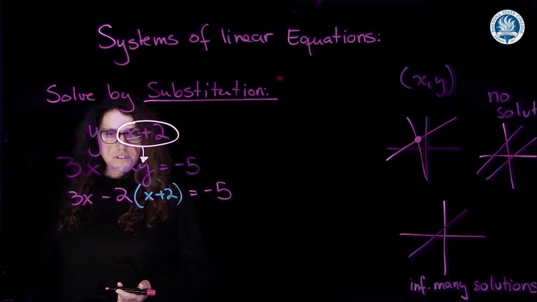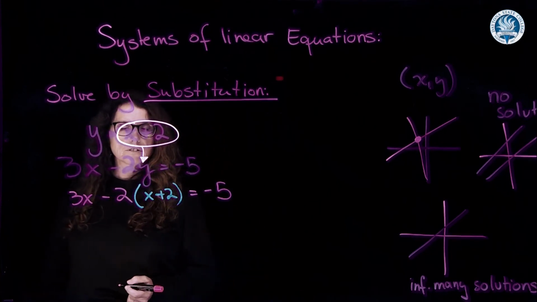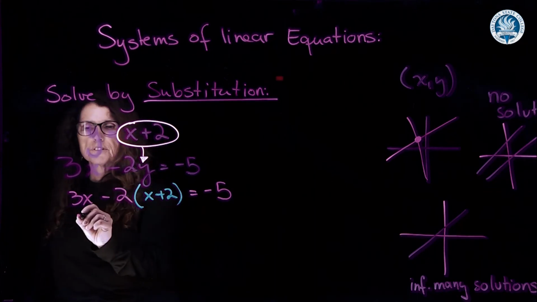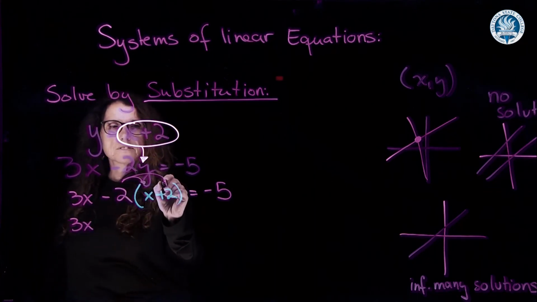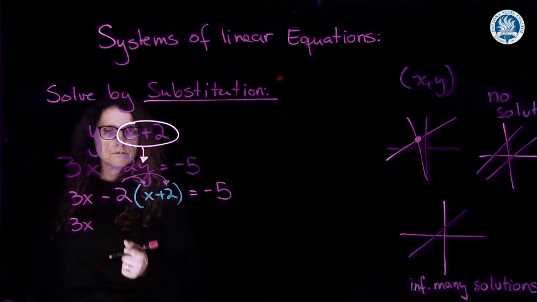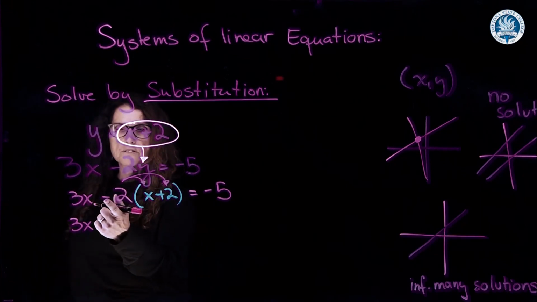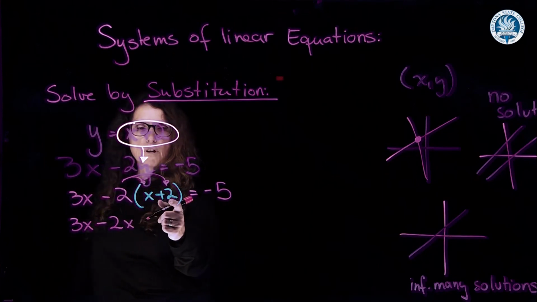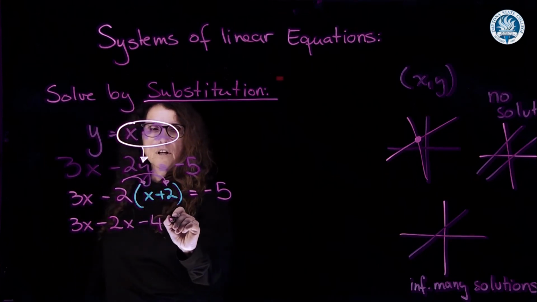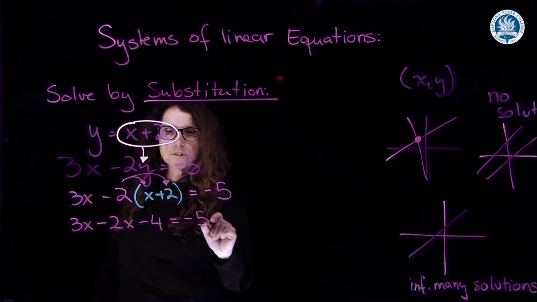Now we solve this equation by our conventional equation-solving rules. We need to clear the parentheses and distribute, but don't forget this is a -2, so we look at it as -2 times x, which is -2x, and -2 times +2 is -4, equals -5.